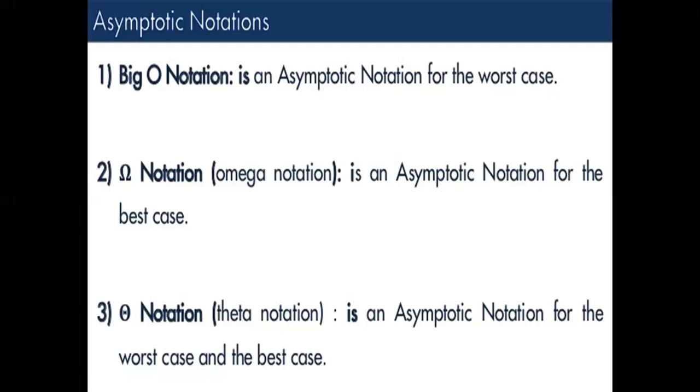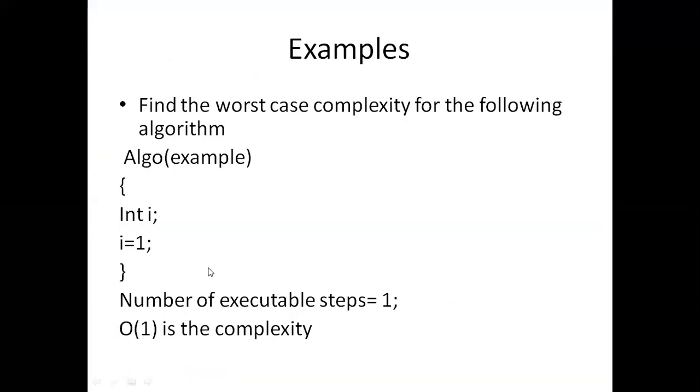So mainly algorithms will be classified by complexity: time complexity and space complexity. Here we are studying only time complexity. In time complexity, there will be 3 cases: worst case, best case, and average case. The best case will be denoted with omega, the worst case with big O, and the average case with theta notation.